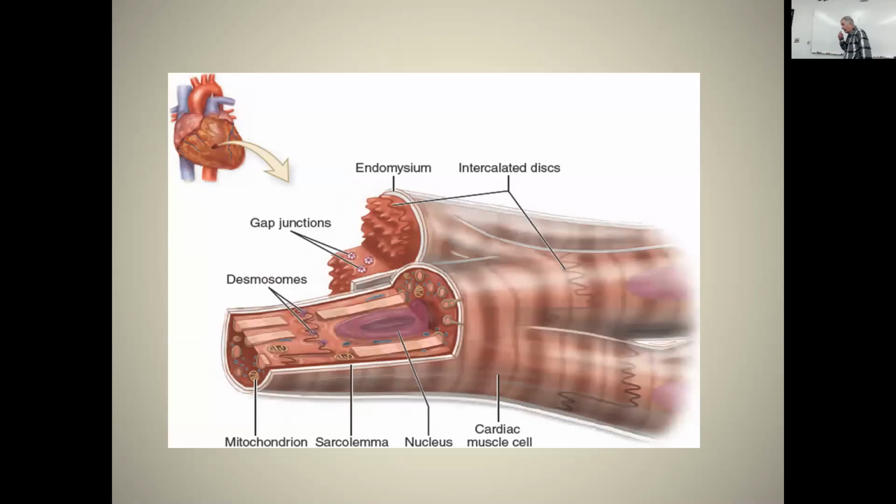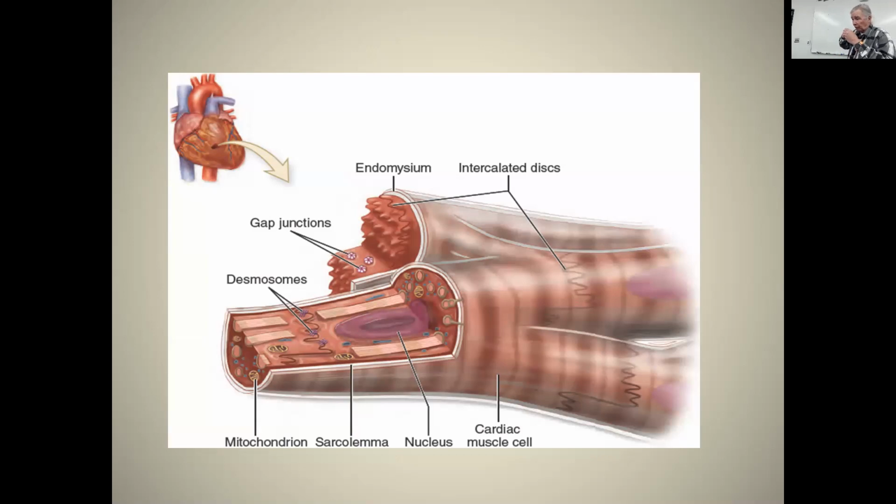Okay, and it's also quite different in the sense that skeletal muscle cells are long cylinders. Heart muscle cells are branched, and skeletal muscle cells are multinucleated. Heart muscle cells have a single nucleus, and they have these intercalated discs where we have desmosomes and gap junctions.